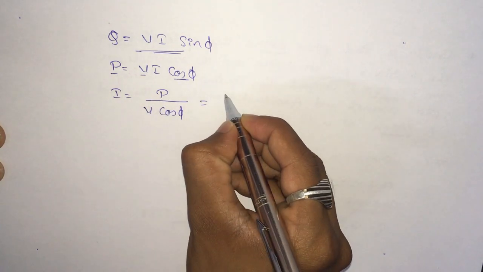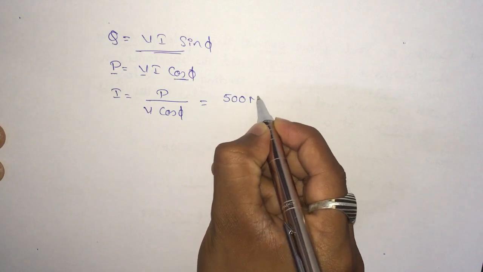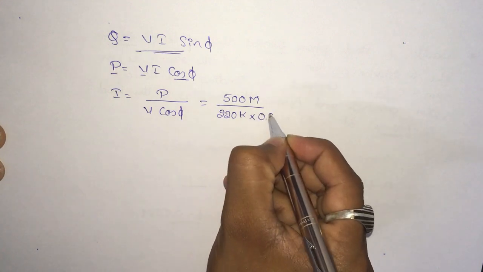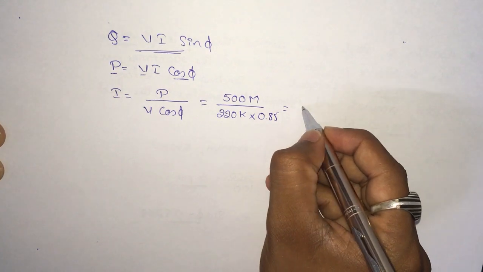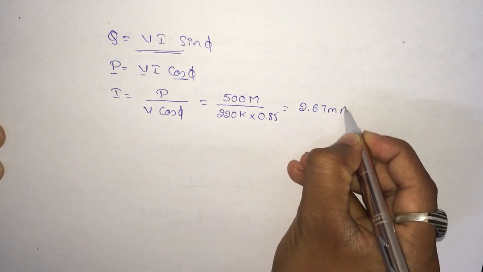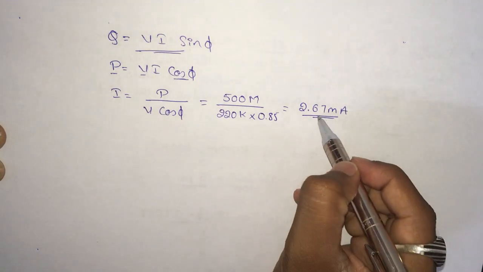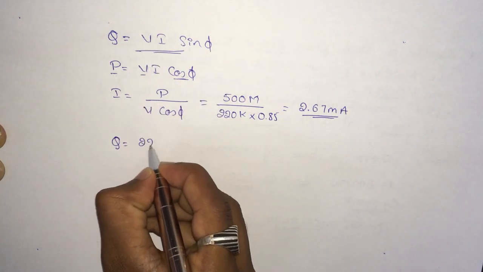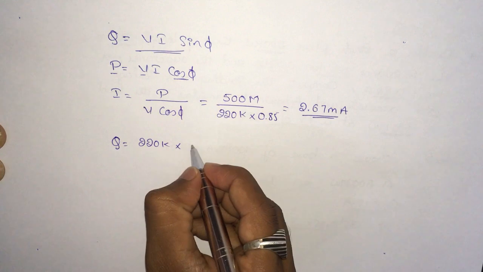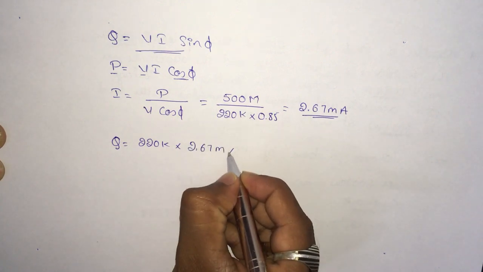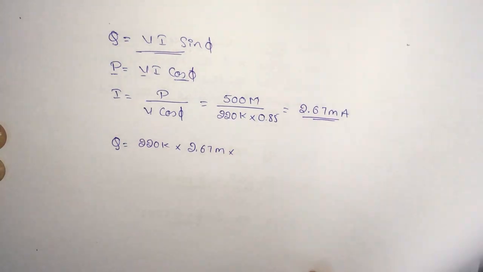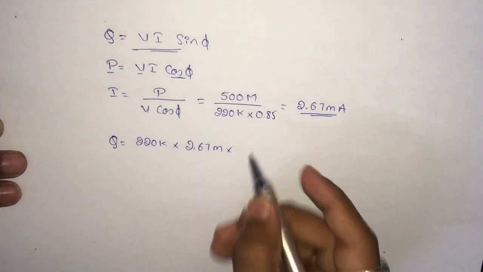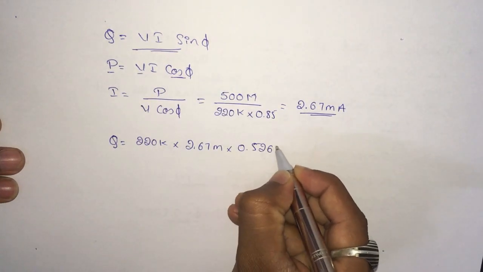Substituting the value of P as 500 mega divided by 220 kilo into cos phi, 0.85, leads to the value of I as 2.67 kiloamps. Substituting the value of I in this, Q is equal to V, which means 220 kilo, into I, which means 2.67 kilo, into sin phi, as we calculated previously, is 0.5268.